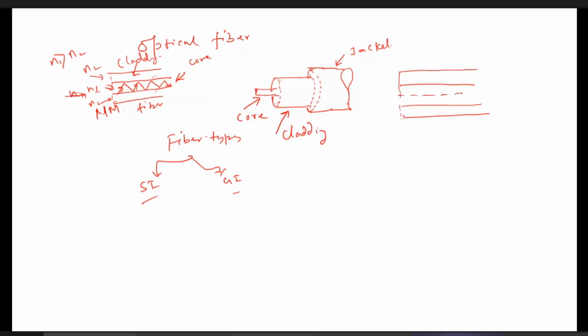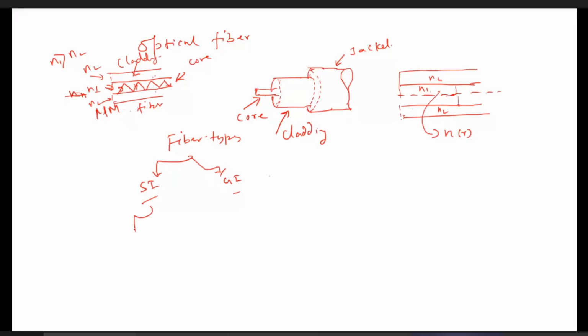This is the axis. This is N1, this is N2. That is the step index. But in the case of graded index fiber, N2 is constant, but N1 is varying. N1 will be a function of r, N(r), maximum at the axis and gradually decreasing toward the core-clad interface. That is the GI fiber.